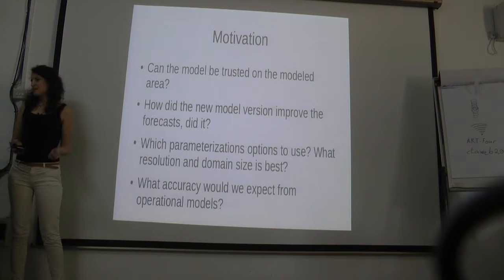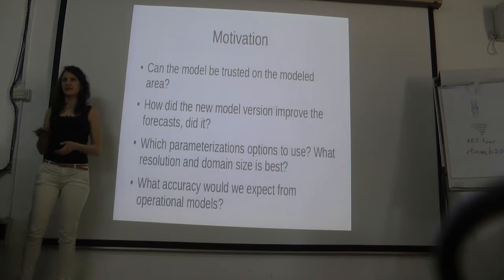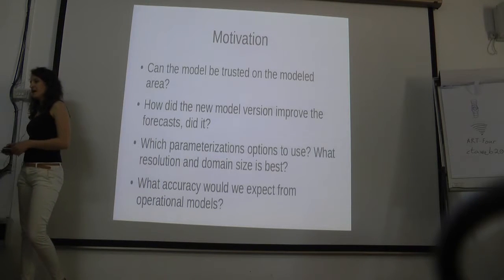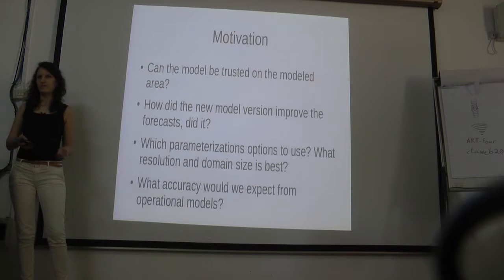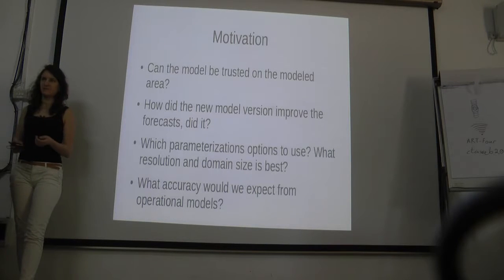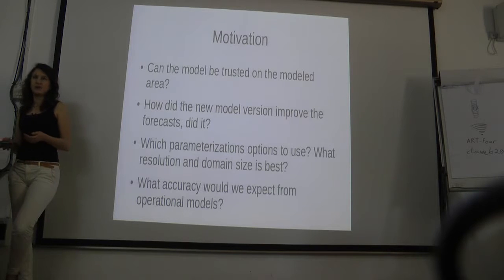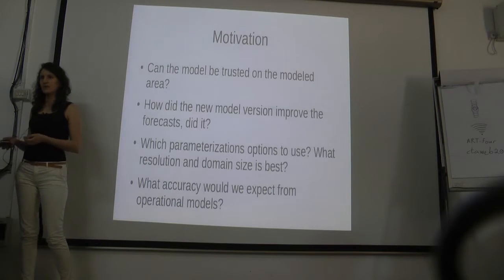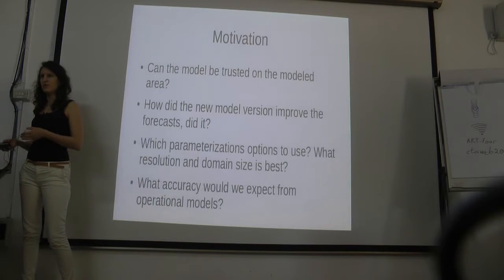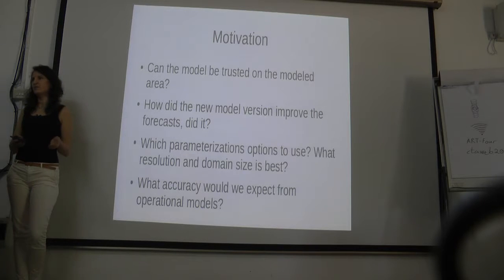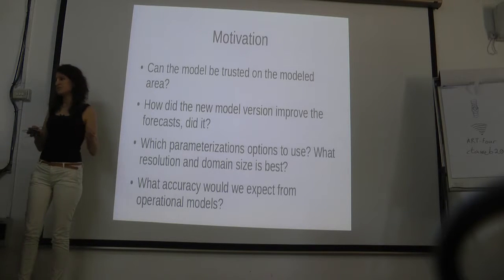Which options to parameterization to use. So as the discussion that we just have, we want to know how to assess if the options for the cumulus or other parameterizations are the proper ones, as well as is our resolution good, and is our domain size okay, or is it too small, or should it be moved a little bit to a side?